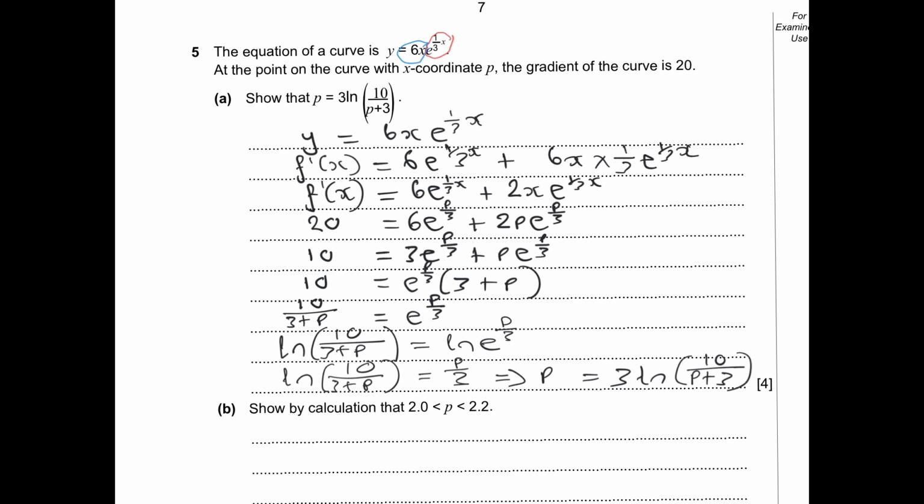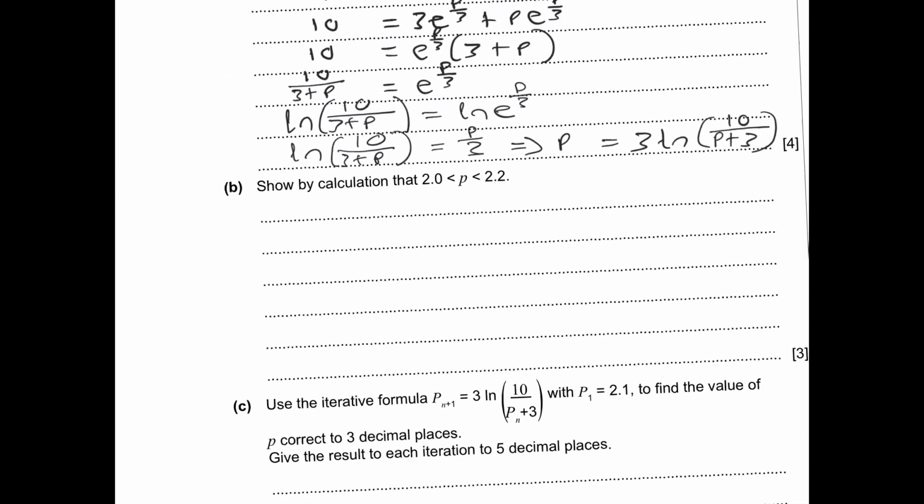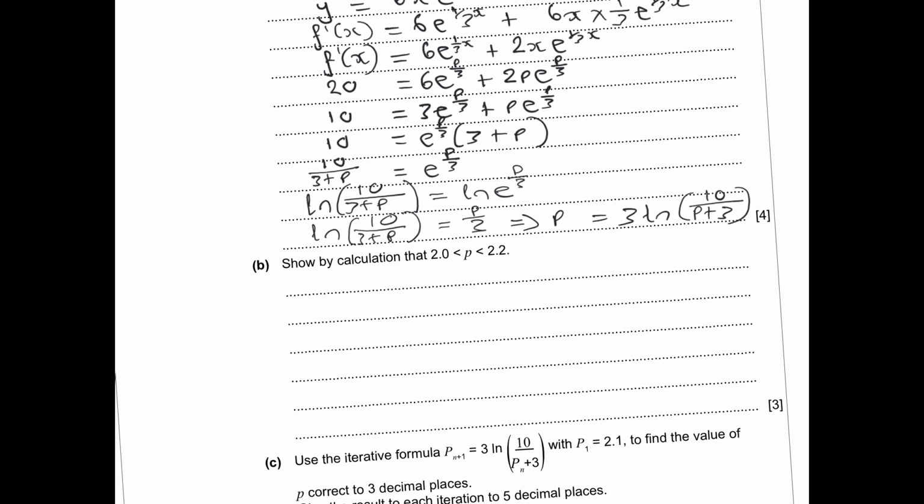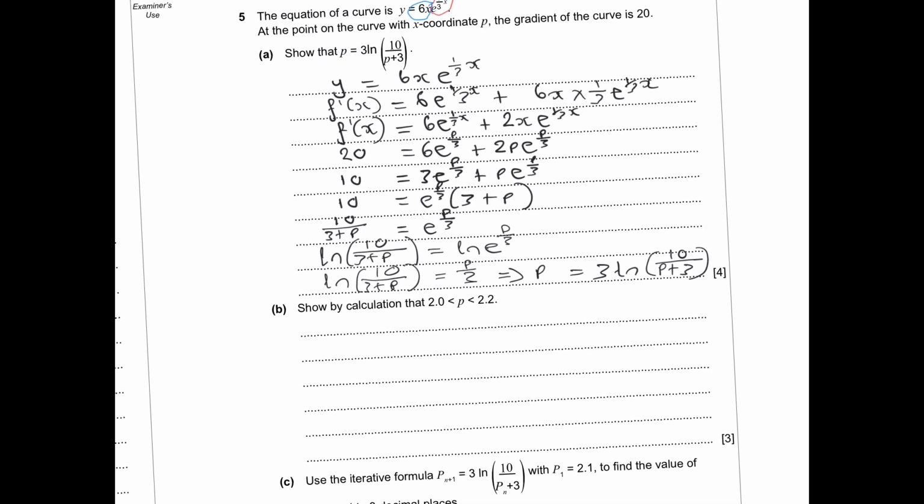Now, in the next part of the question, they're saying show by calculation that p is lying between 2.0 and 2.2. The approach that we are going to use is the method of sign change analysis.